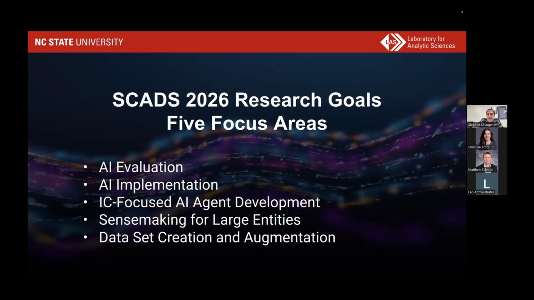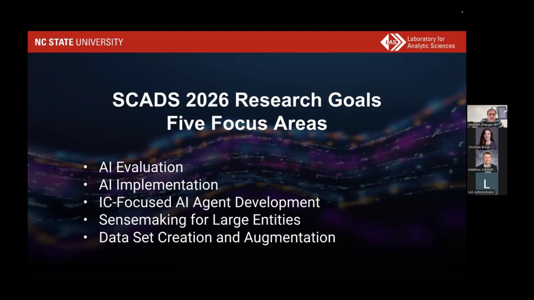Typically, we consider our customer the intelligence community, so how we can best use AI for the intelligence community. And then finally, our last category is about how we operate a summer research program where we need to keep everything at the unclassified level and we may not have the perfect data set for everything we want to do. So I'll talk about each of these 5 in turn.